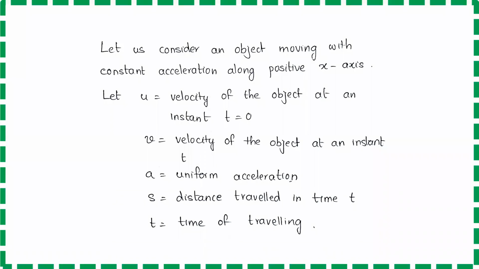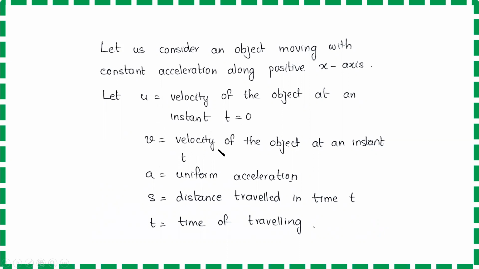Consider an object moving with constant acceleration along the positive x-axis. As I told you earlier, u is the velocity of the object at the instant t = 0, that means the starting or initial velocity is u.